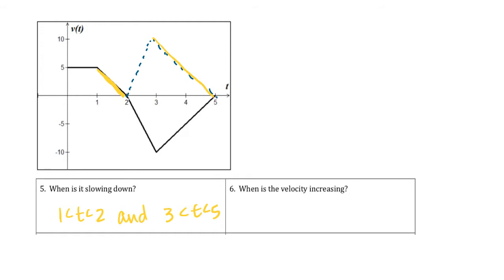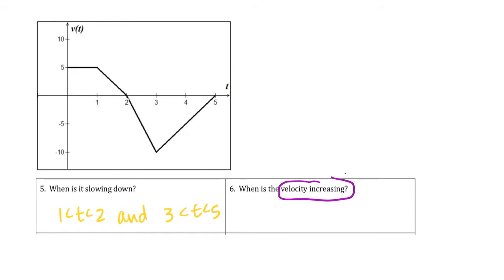Okay, and now we're back to velocity, so we need to erase all of this that we had, or you don't have to, but I will just to keep all of this straight. And now we need to know when is velocity increasing. Whenever velocity is increasing, that means our acceleration would be positive. Now, just because this says increasing, that does not mean that the function itself is positive.